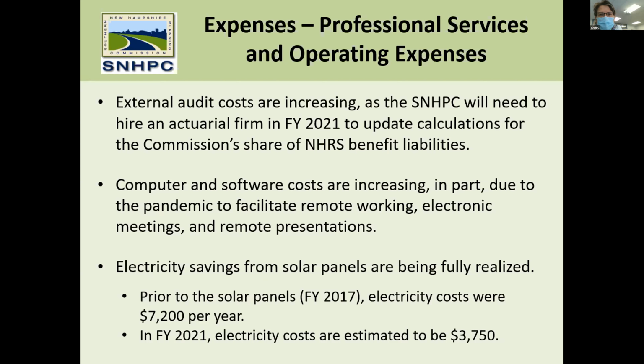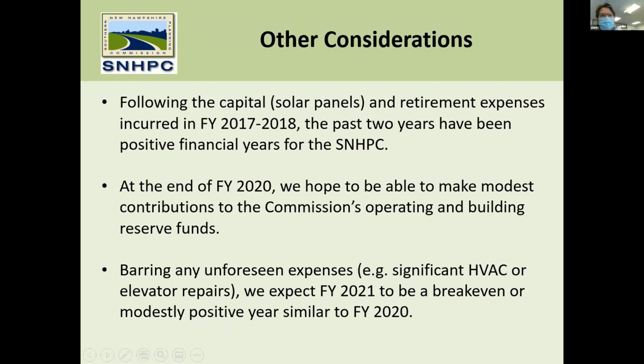Those are expenses we hadn't really anticipated, so there are some increases there. Our utility expense, though, is going down, as you can see here because of the solar panels. This is great news. Our electric costs have gone from 7,200 in 2017 to about half that, 3,750 currently.